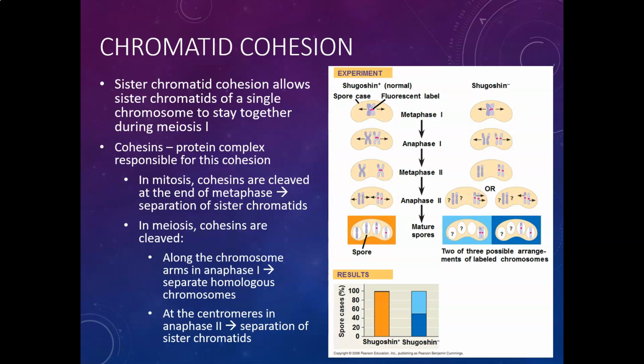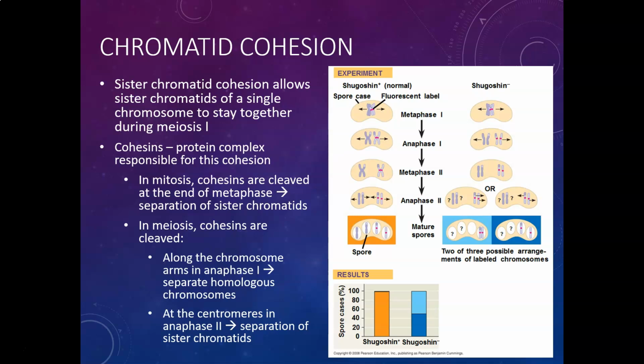In mitosis, those cohesins get split at the end of metaphase, and that allows the chromosomes to then be separated into sister chromatids and ultimately into the two daughter cells. When we look at meiosis instead, the chromosome arms in anaphase 1 stay together as those homologous pairs, or I should say the sister chromatids in that homologous chromosome.